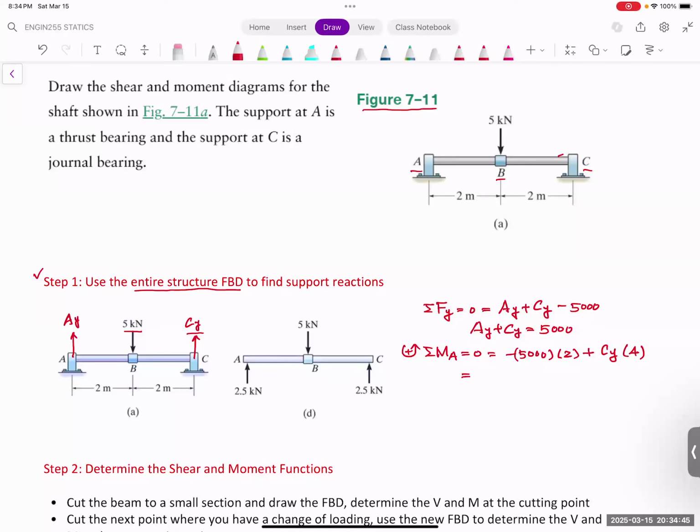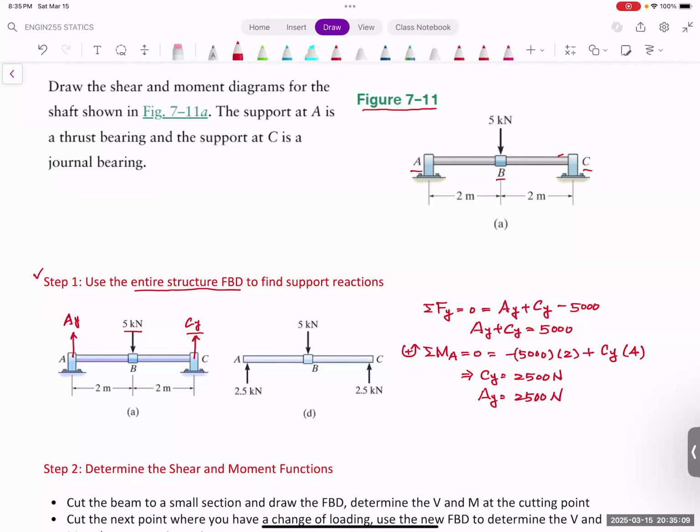So then you can solve for the CY, and CY is going to be actually 2.5 K, which is 2,500 Newton. And therefore, your AY is going to be 2,500 Newton as well. So now we solve this one, and we will show you why these two are important.